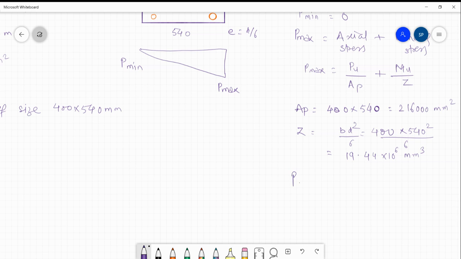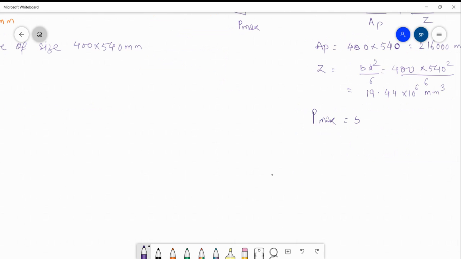So putting these values, you will be able to find out P max value: 500 into 10 raised to 3 divided by 216,000 plus Mu value 45 divided by 19.44 into 10 raised to 6.